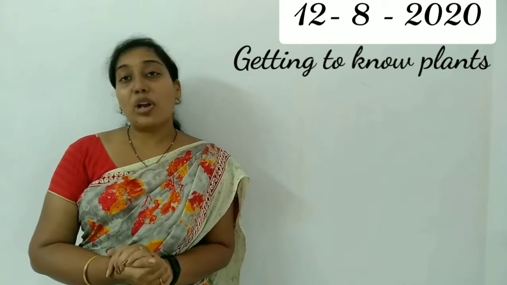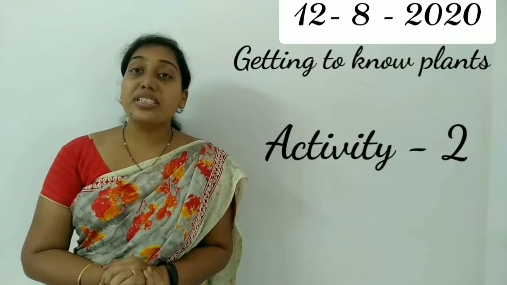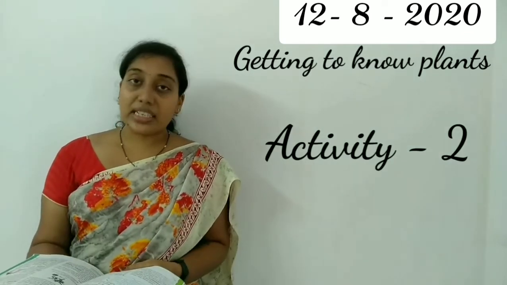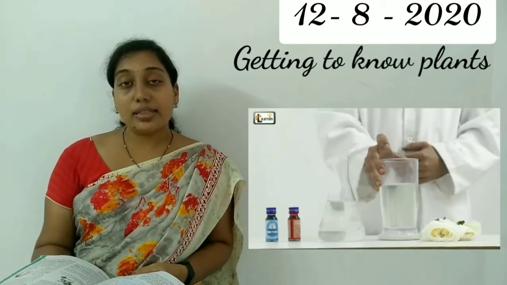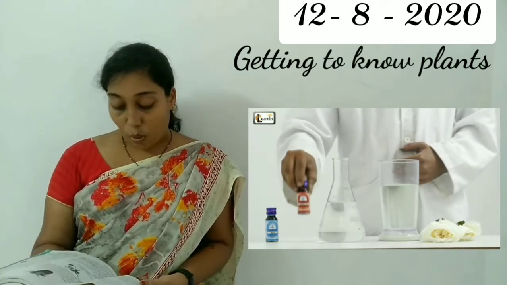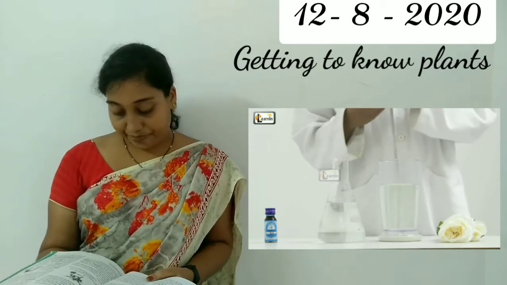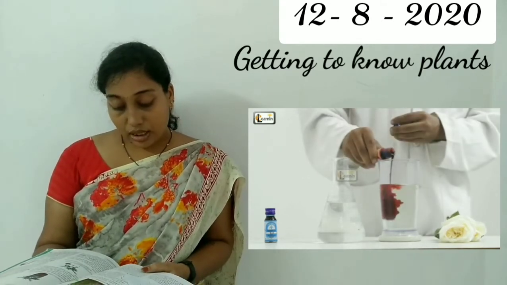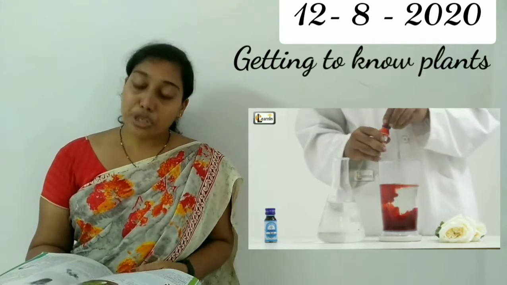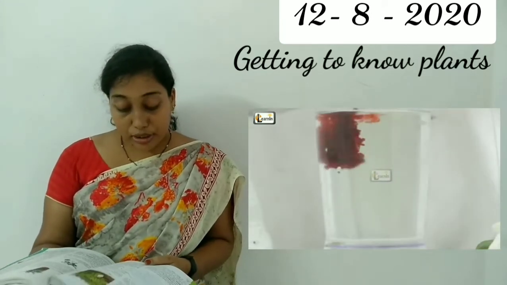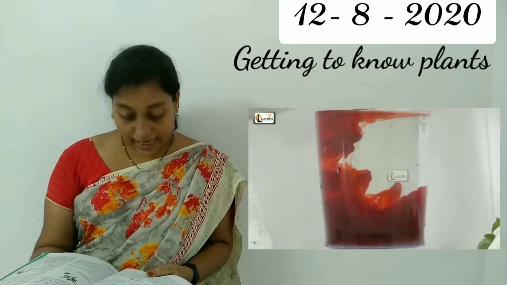Let us do a small activity, that is activity number 2. For this activity, the required materials are glass, water, ink and soft stem. Now what we need to do? Pour water to fill 1/3 of the glass.